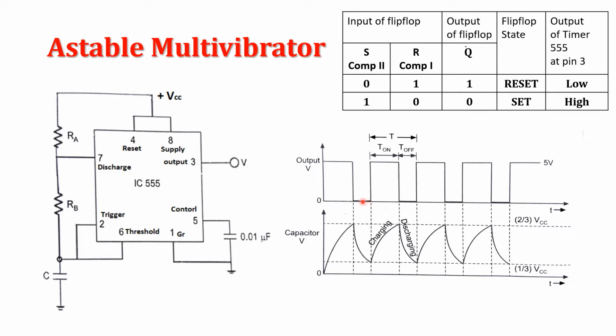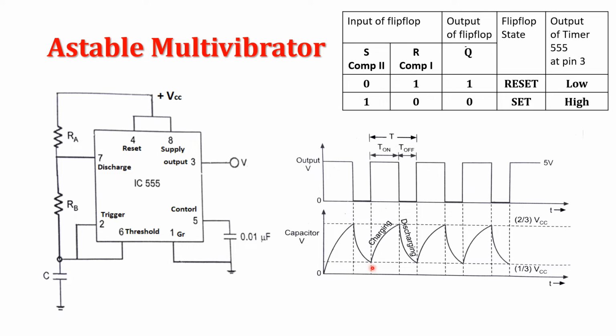When the output of the timer is low, how does the capacitor behave in that region? If the voltage is just slightly above 2/3 VCC, the capacitor starts to discharge because the flip-flop is in the reset state, and that discharging decreases exponentially down to 1/3 VCC.